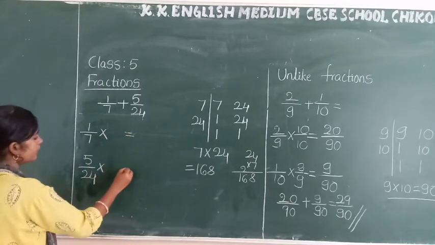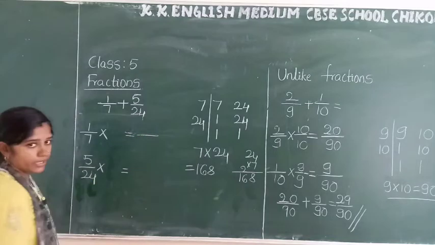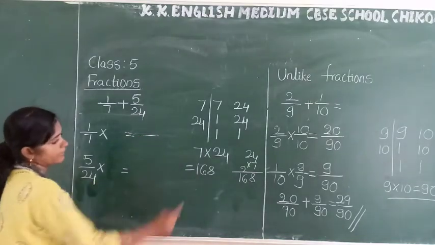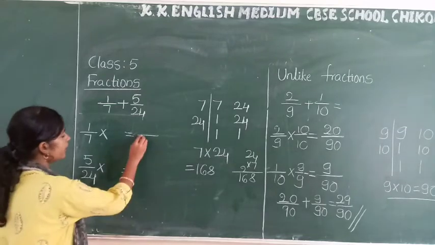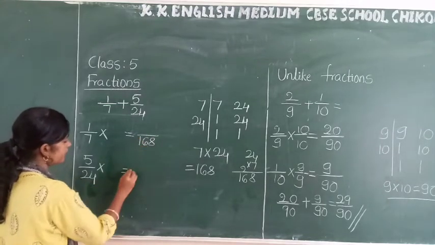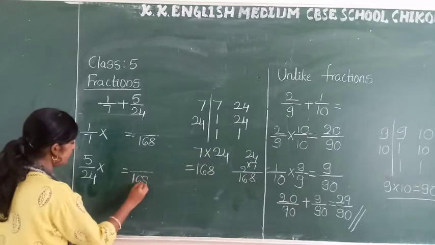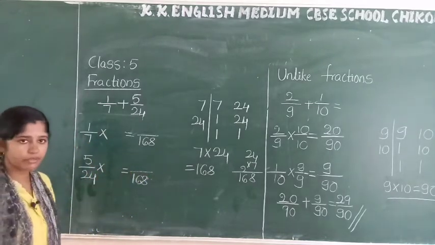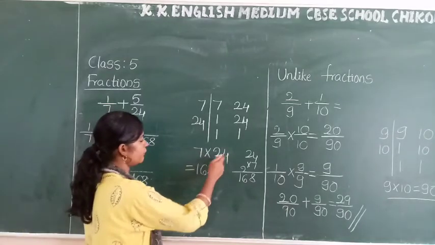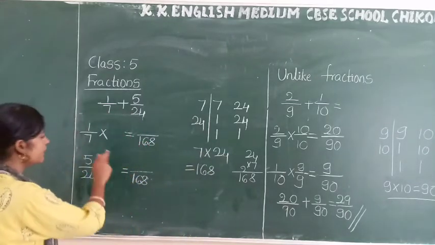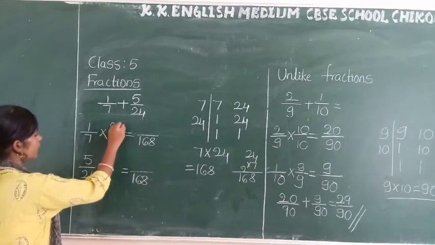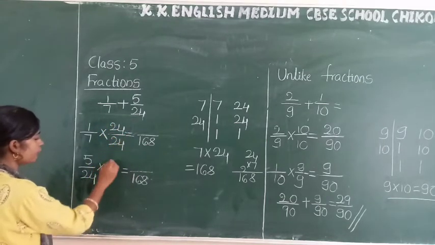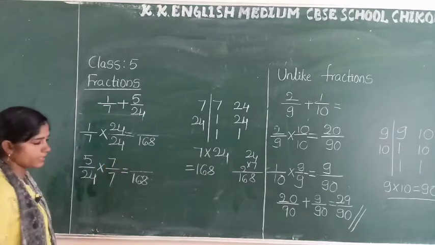Then write the numbers as it is, 1 by 7 and 5 by 24, equal to. What do I have to write here? I have to write the denominator 168, because our LCM is 168. 7 how much is 168? 7 24s are 168, and 24 7s are 168.